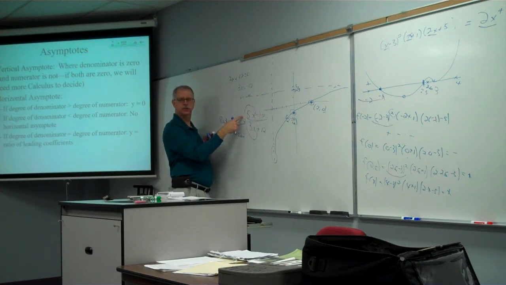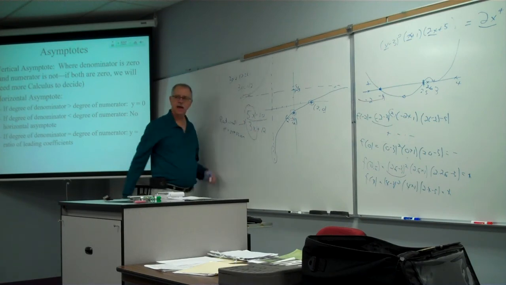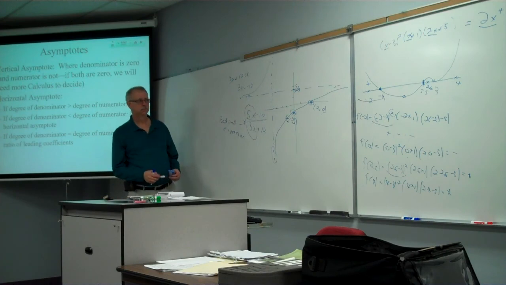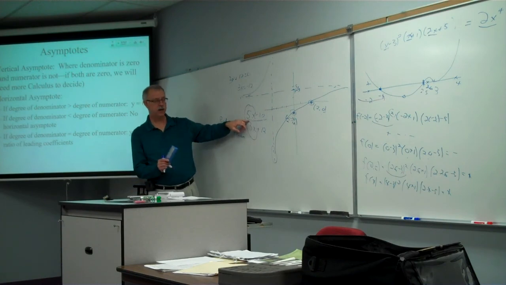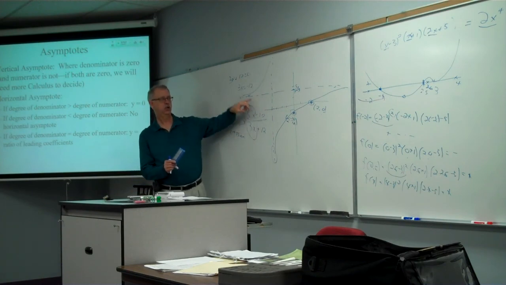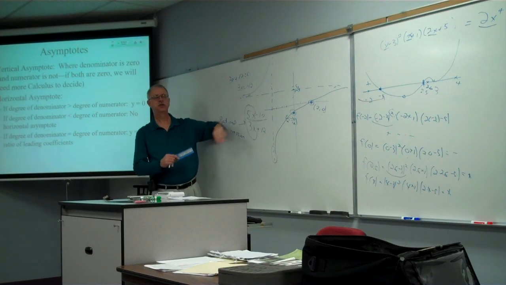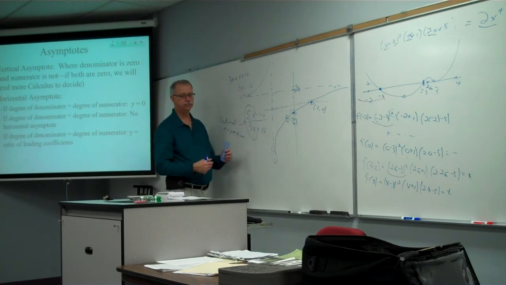But we've decided it doesn't do that. So it can't be doing this. Well, if it's going to be close to this line, and end up close to this line, it's pretty much got to look like that. Because we figured out there are no x-intercepts there, so it's got to be doing this. And so we can come up with a fairly reasonable graph just by analyzing the rational expression a little bit.